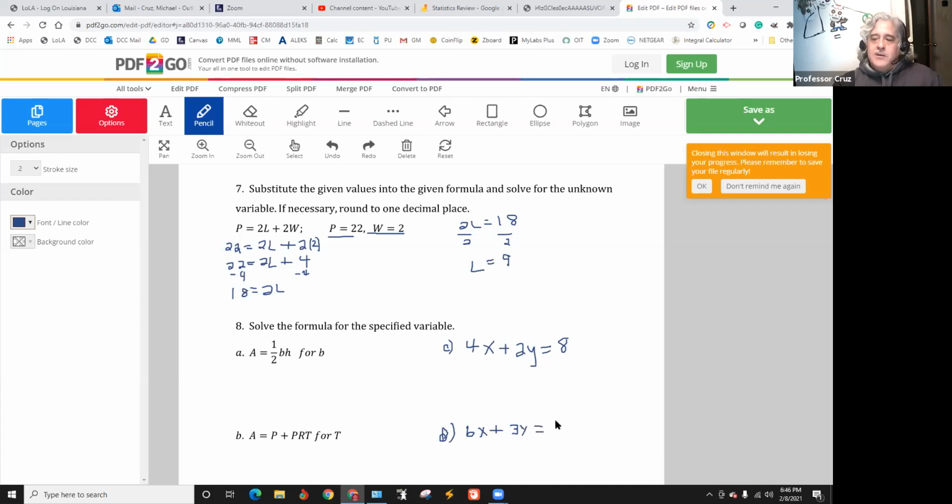Solving for Y on these things. It's good to be able to know how to solve for a variable, sure, but in this context is the most important way.